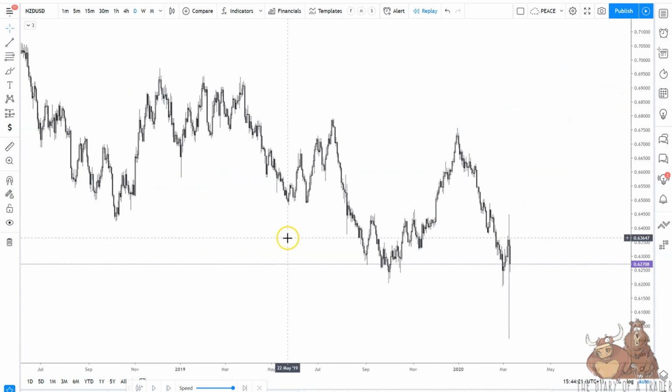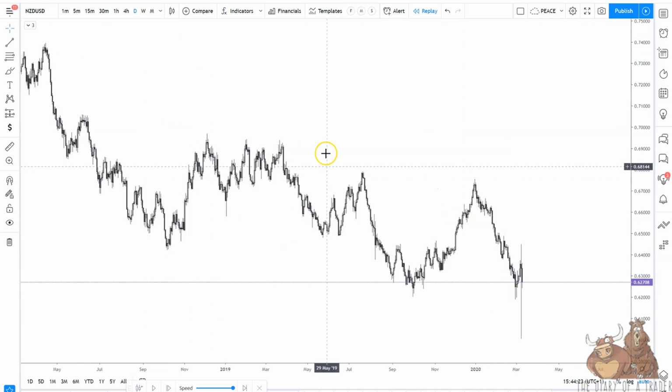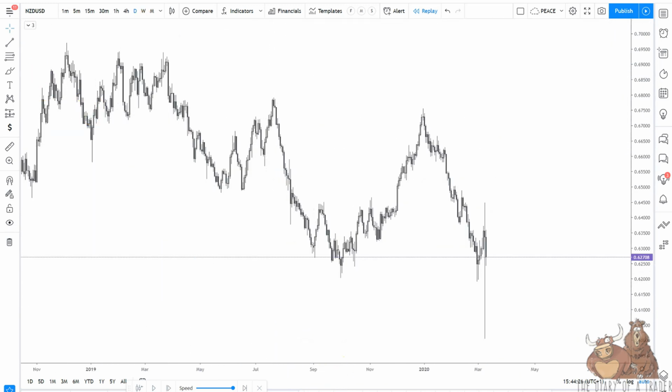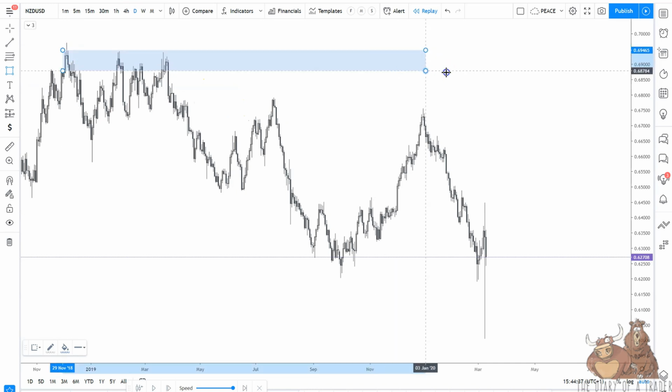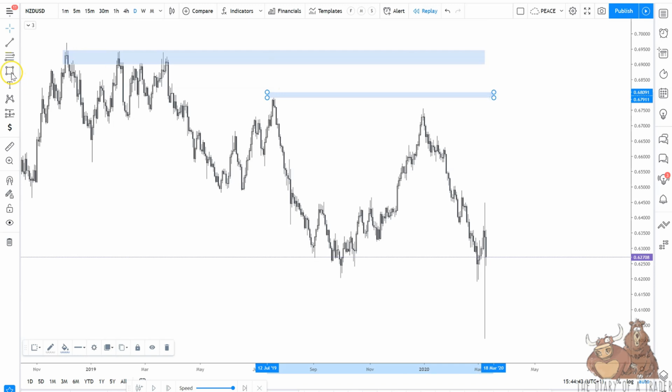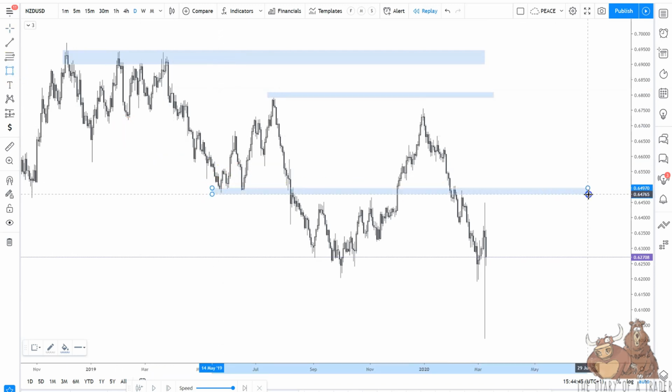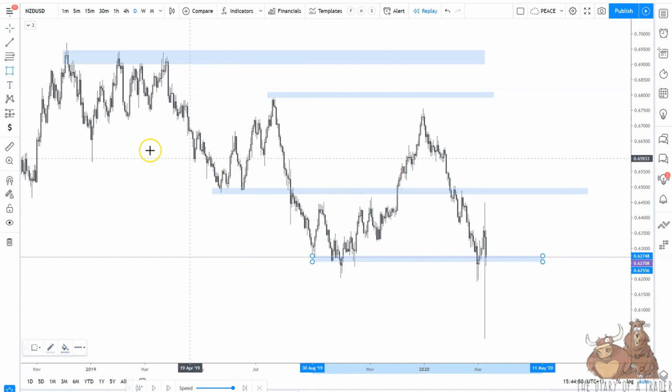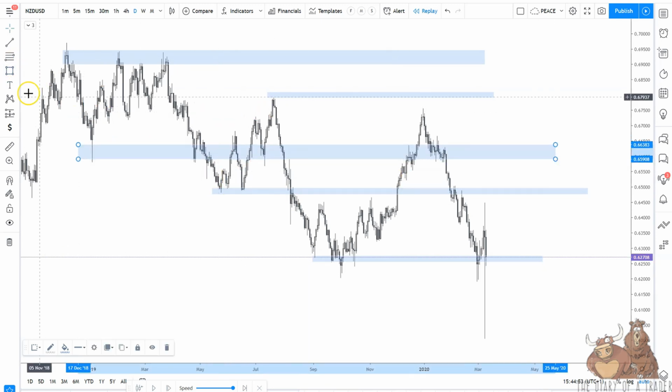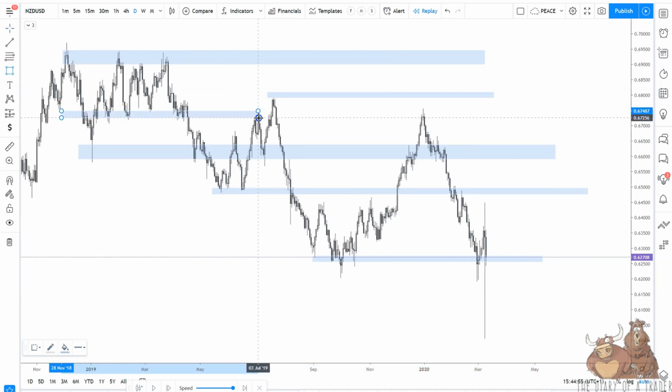The other thing is that many people look at the zones and try to draw them everywhere that they see them. When it comes to trading across different time frames, it becomes confusing. For example, many people will draw this zone, then they will see another zone here, then they will draw another zone here and here, perhaps another one here, another one here.